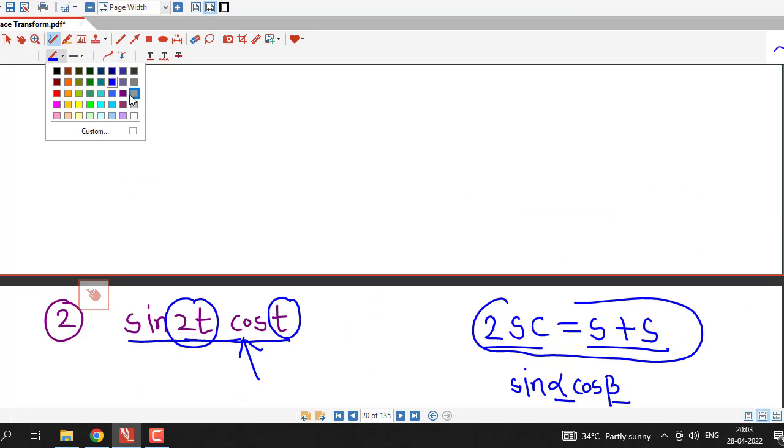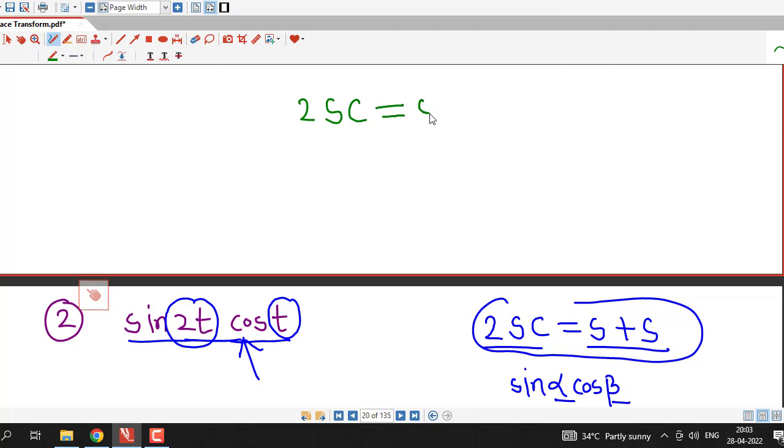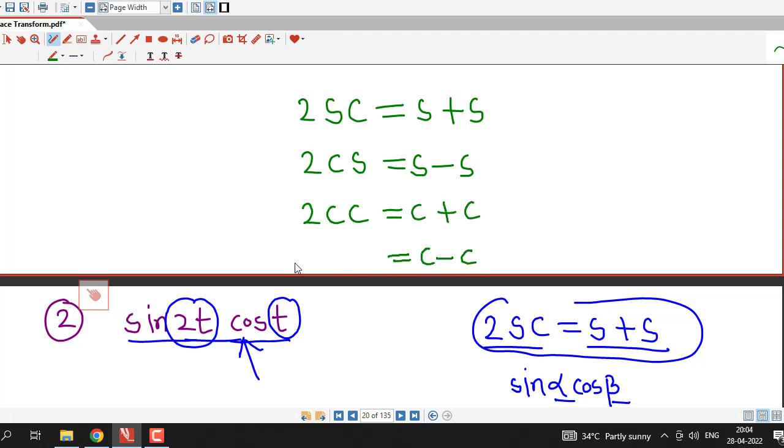You may have this type of situation also, so let me recall these formulas. We will require 2 sin cos equals sin plus sin. Similarly, 2 cos sin equals sin minus sin. 2 cos cos equals cos plus cos, and cos minus cos equals minus 2 times sin into sin.